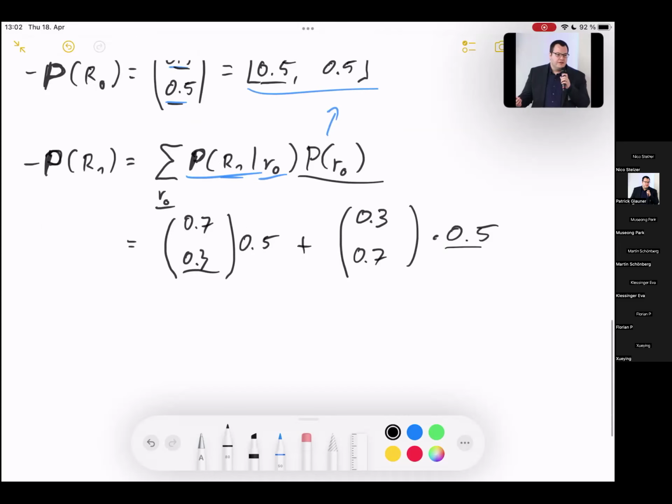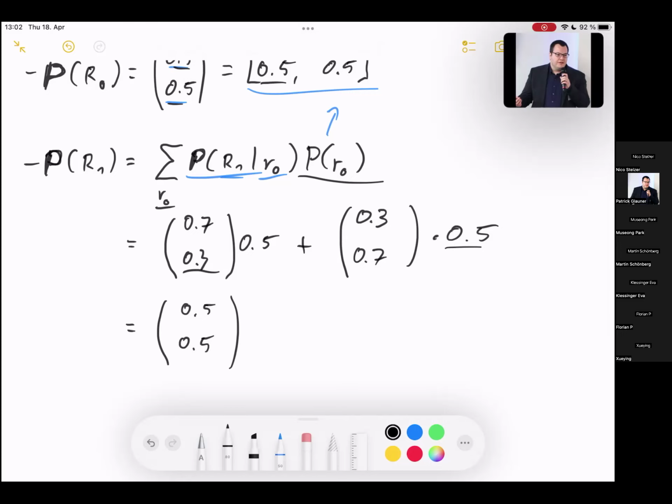If you calculate this, you see we have actually not learned anything, because it's still 0.5 and 0.5. We haven't learned anything, because all we did was a transition from one day into the next day.